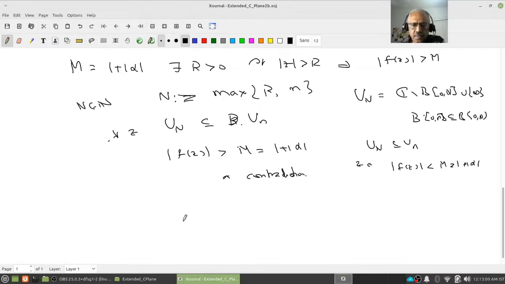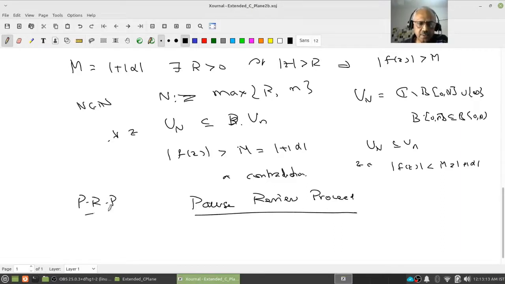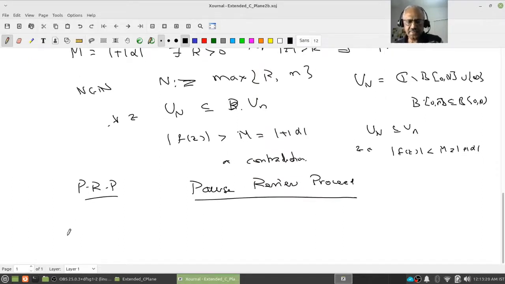Pause, review, proceed. So what have we concluded? We have shown that if f is a non-constant polynomial function, it is not going to be continuous at infinity.